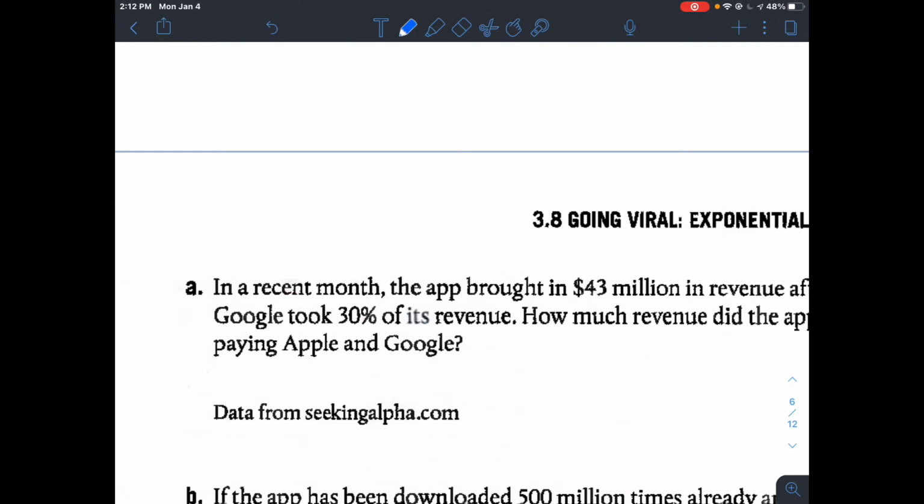I don't know what my starting value is because they're asking me what my starting value is, but I do know the ending value. So that 43 is my ending value after 30% was taken out. The x value represents my starting value. That's what I'm trying to find.